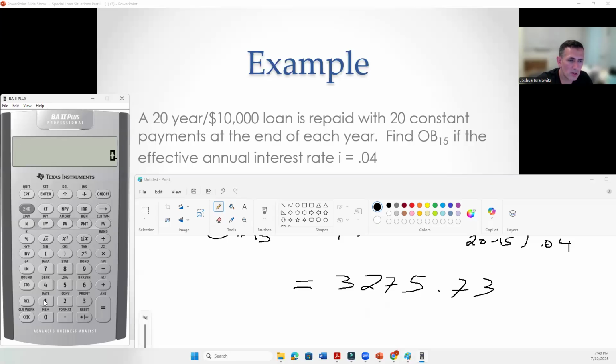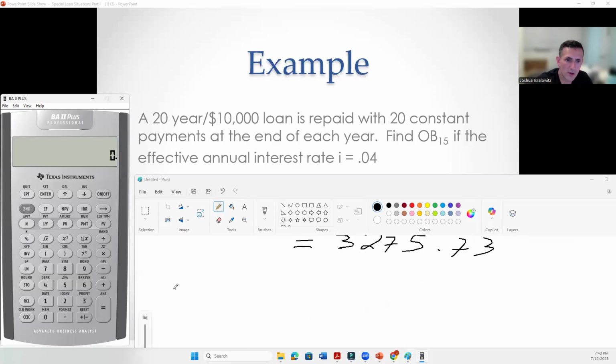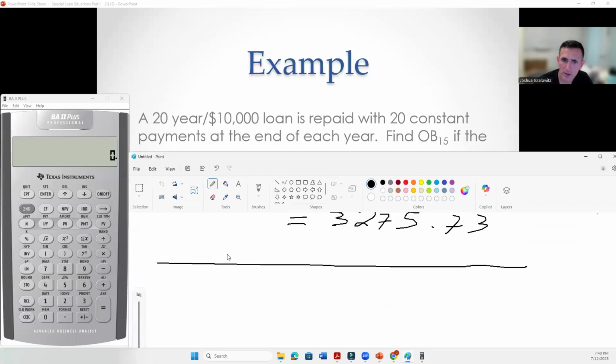Let me show you the other way works also. It's 10,000 times 1.04 to the 15th, minus K times s angle 15. K is just this here, 735.82.